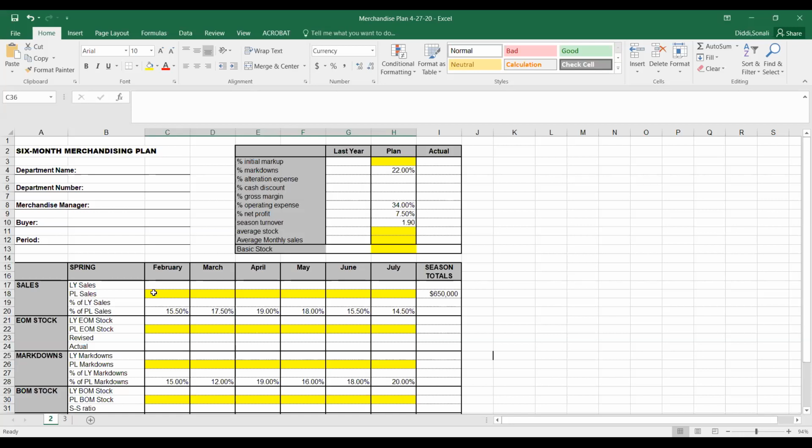If you have forgotten from our last lab, remember how we did our planned monthly sales? We multiplied planned monthly percentage times season totals.